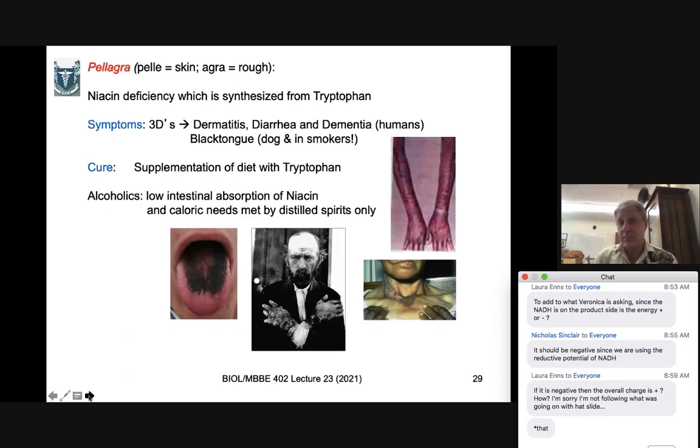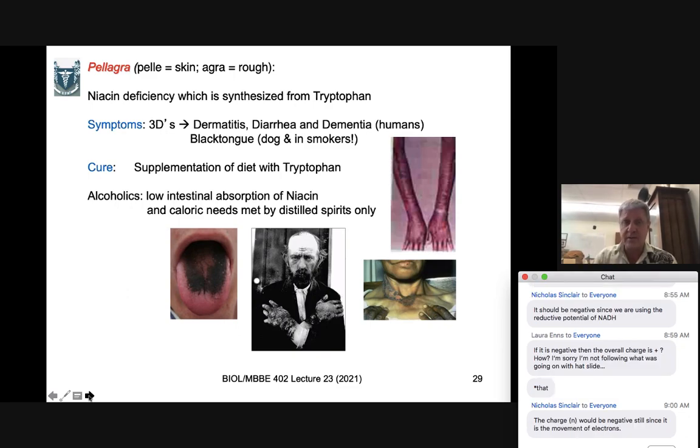As I said, we can get a small amount from the metabolism of tryptophan. But what happens when we don't get enough tryptophan, or we cannot metabolize our tryptophan, or we don't get enough in our diet? We get some various medical situations.